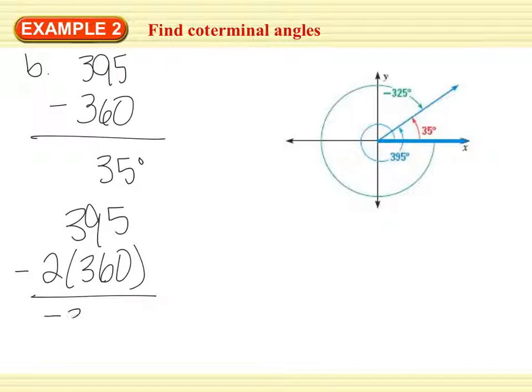I get negative 325. So let's look at it. Our first one was 395. So from here to there is 395. Now I'm going to subtract 360 twice and get negative 325. So here is negative 325. I get the same angle. It's a lot of yellow, I'm sorry.